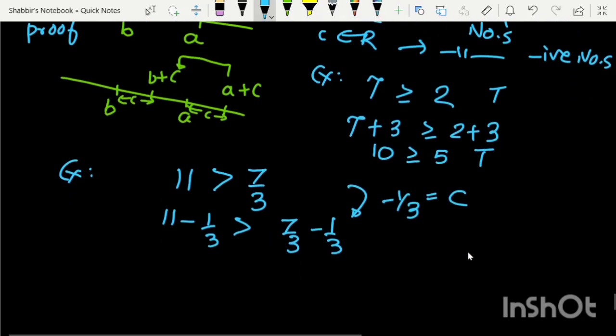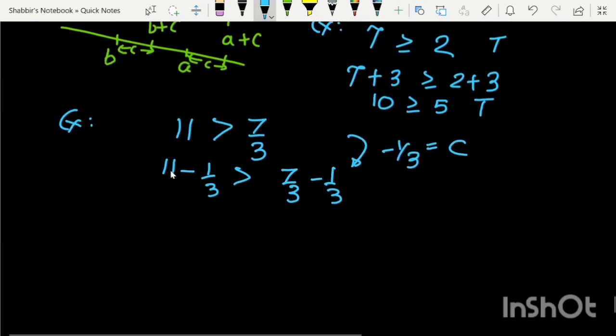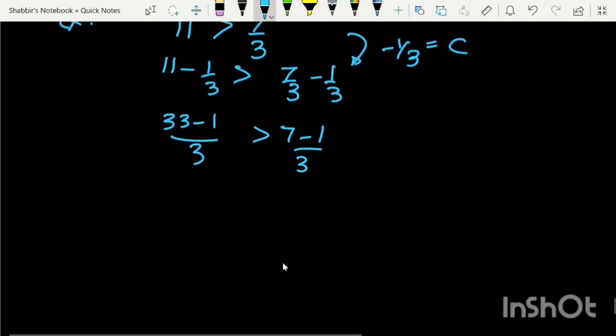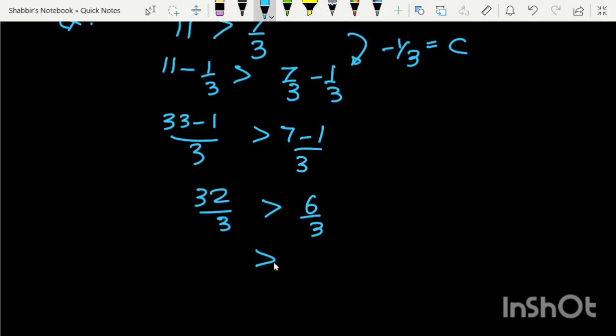So this is 33 minus 1 by 3, 7 minus 1 by 3, this becomes 32 by 3, and this becomes 6 by 3, which is 2, and 3 10.67. So this is true.